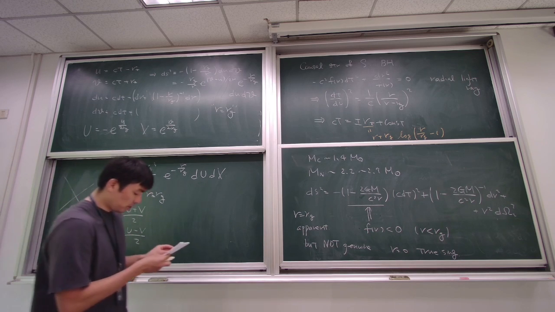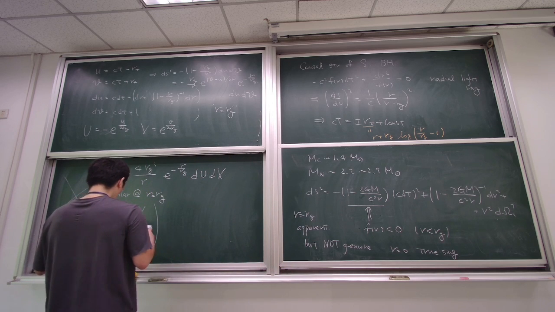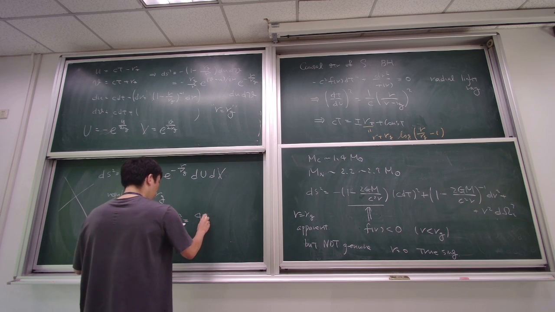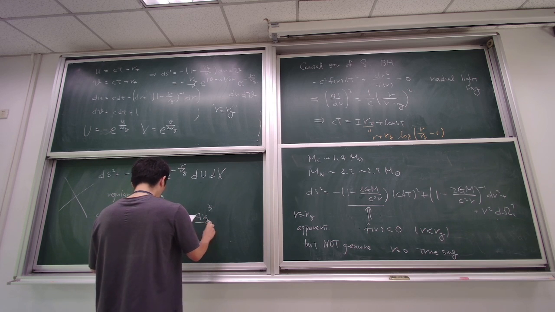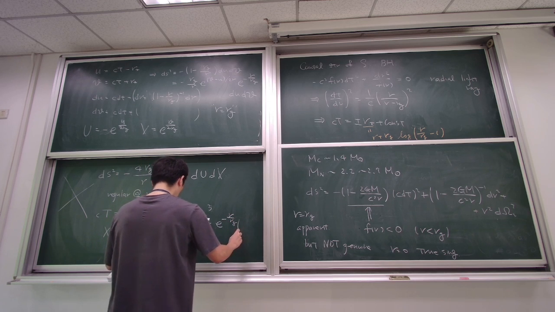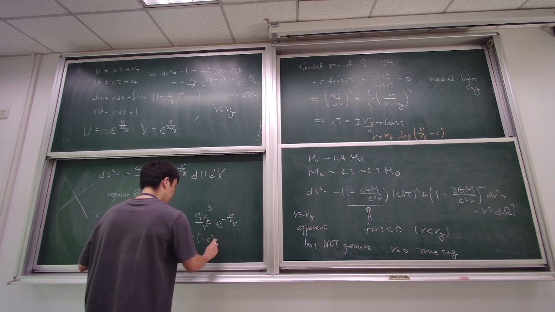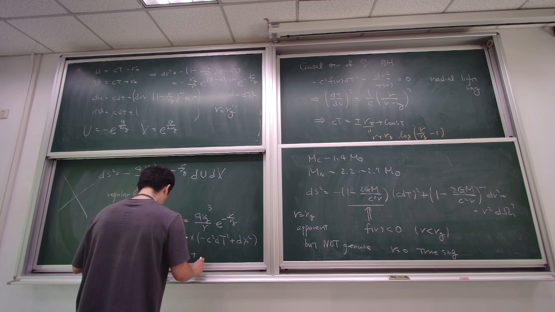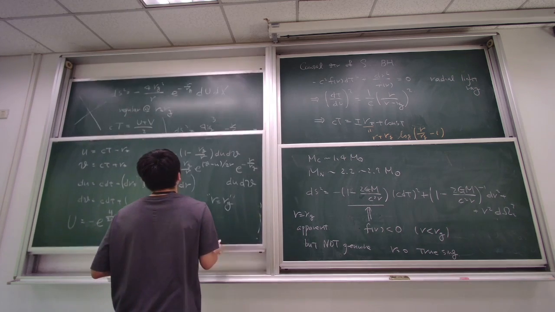If you introduce it this way, the metric becomes the following: ds squared is equal to 4rg cubed over r, e to the minus r over rg, times minus c squared dt squared plus dx squared, plus r squared d omega squared.